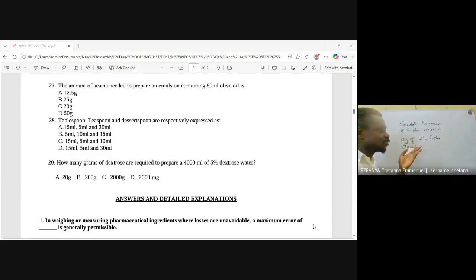There's no volume here. It's 2% weight in weight. Simple. Is that clear? Because the entire ointment is in weight. So 2% weight in weight is 2 grams of sulfur in 100 grams of the entire ointment. Is that clear?